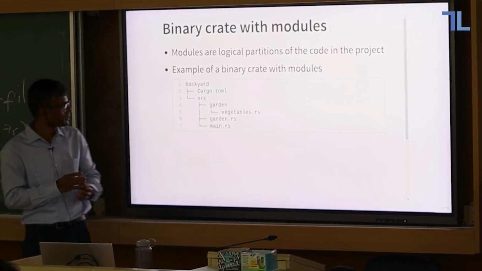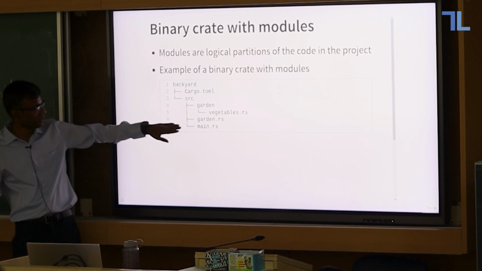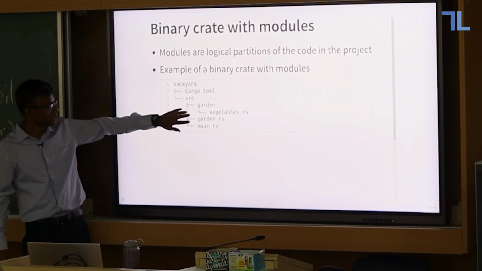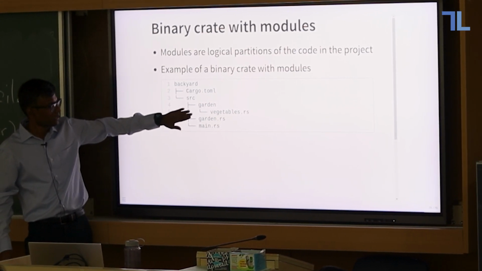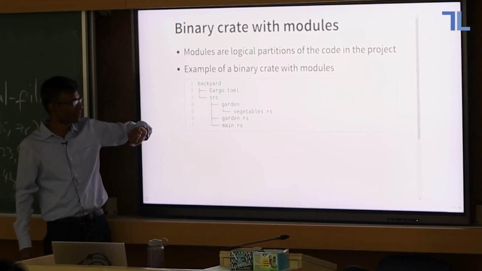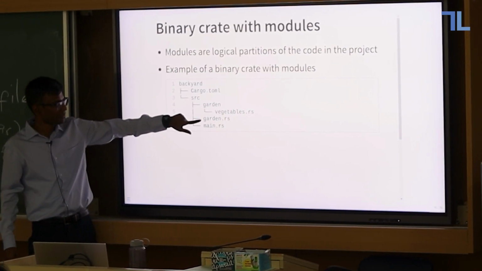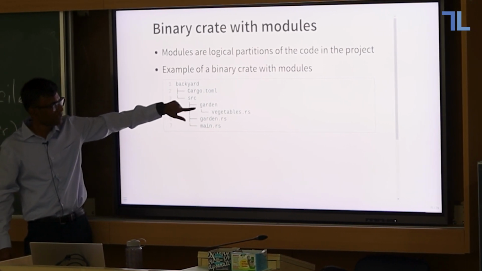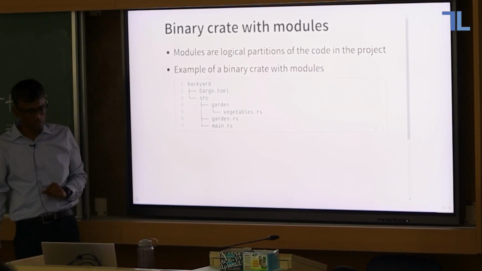For example, here is a binary crate. There is a main file, so we know it's a binary crate because there's a main.rs. But it has these modules. Garden is a module, and vegetables is a submodule of garden. If a module like garden needs a submodule, then there has to be a directory with the same name, and you put your submodules in there.